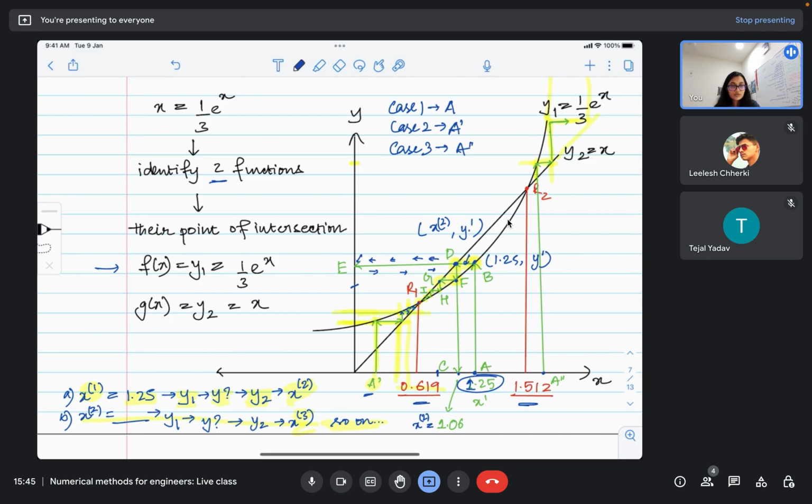So can you understand that you are converging only from here? Which direction are you going? You are only converging to this root. Are you able to visualize that, Tejal, in this diagram?